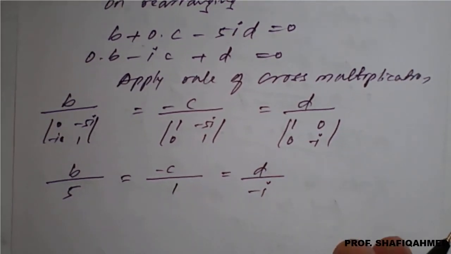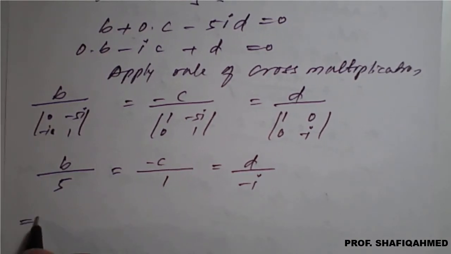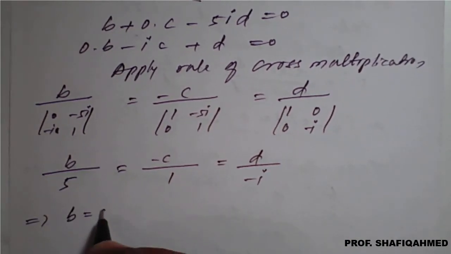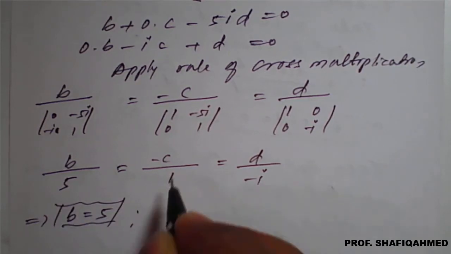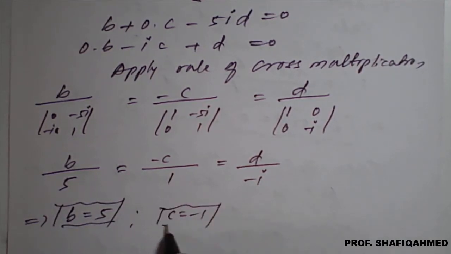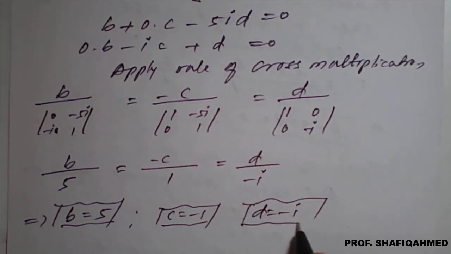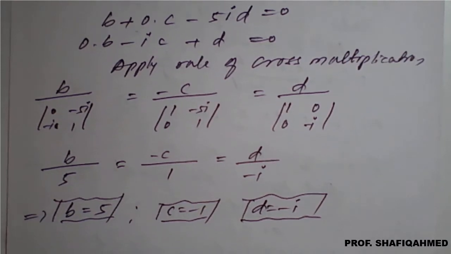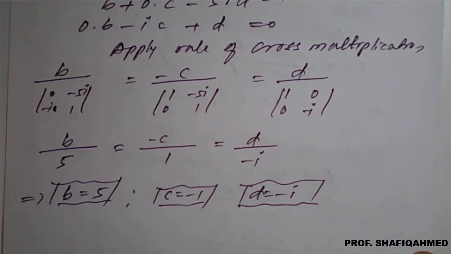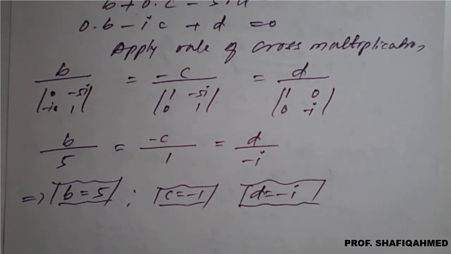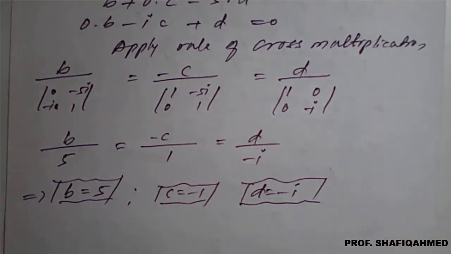Therefore we can say that B is equal to 5, then C is equal to minus 1, because this minus sign you take down, and D is equal to minus i. So we got the B, C, D values, and we need one more value, the A value. For that we substitute in any one of the equations to get A. Check which equation, from 2, 3, 4, has A, the easiest form.